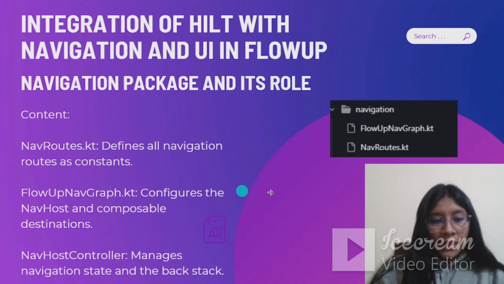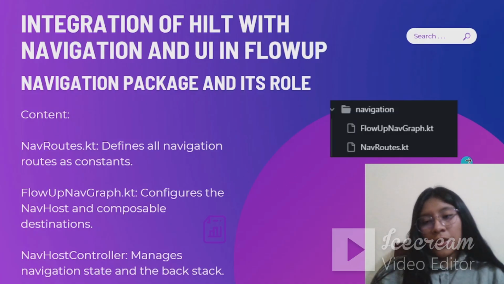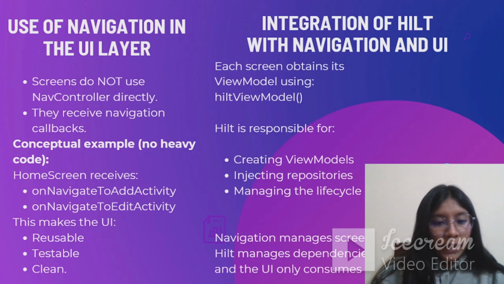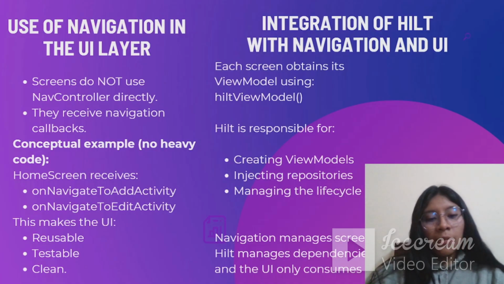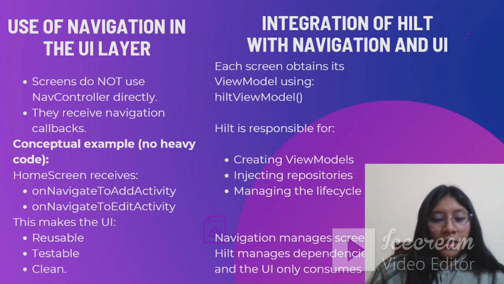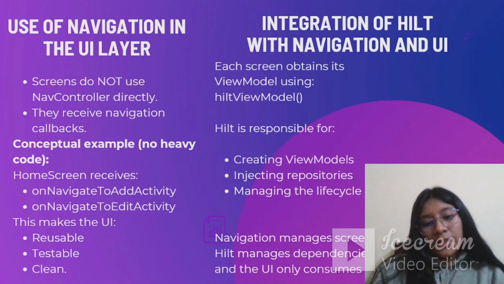This design fully separates navigation from the UI layer. UI screens do not use the NavController directly. Instead, they receive navigation callbacks, for example, to navigate to add or edit an activity. This makes the UI reusable, testable, and free from navigation logic, and all navigation decisions remain centralized in the navigation graph.